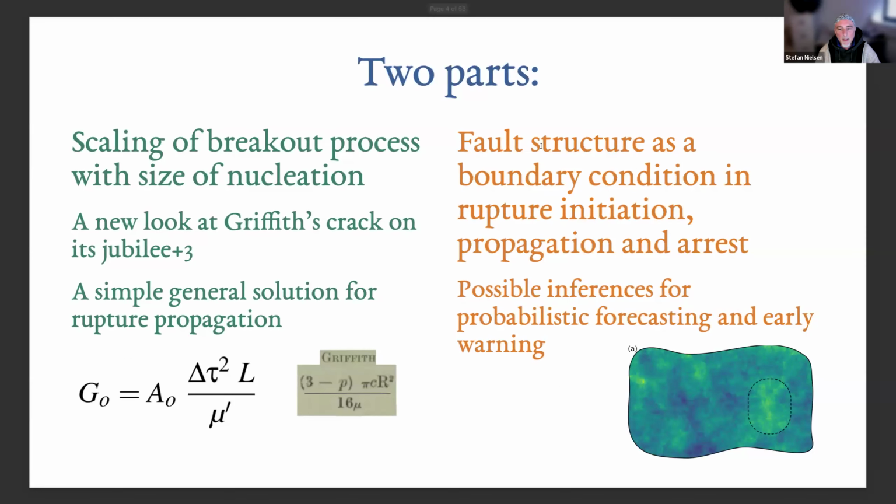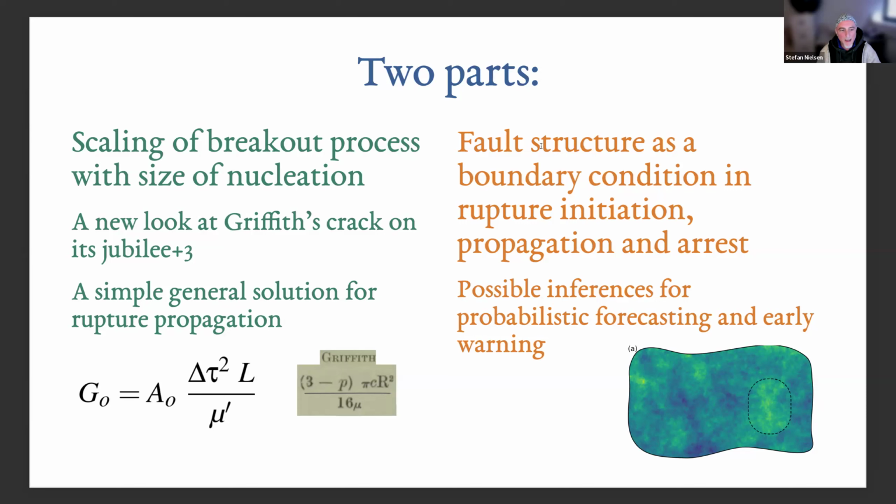So there are essentially two parts here. One, just to be clear, is the scaling of the breakout process. I'm going to argue that the breakout process, and also the speed of the breakout process, scales with the size of nucleation. So that's going to take a new look at Griffith's critical crack, which relatively recently, 3 years ago, had the 100-year anniversary of Griffith's paper, published in 1921.